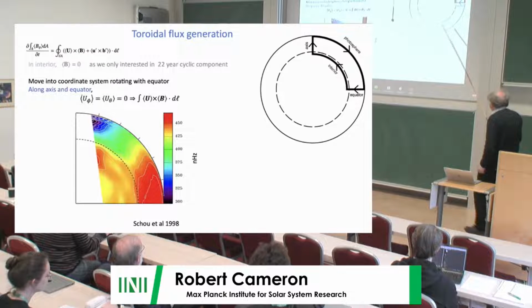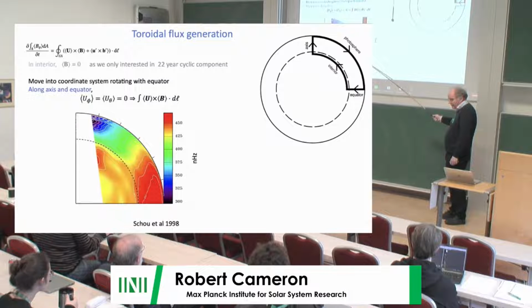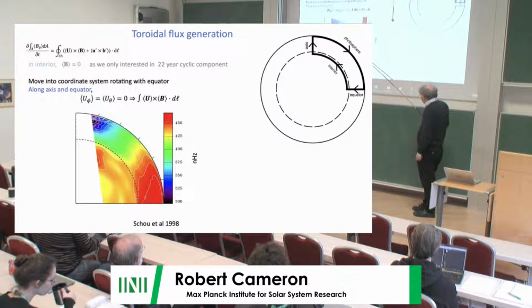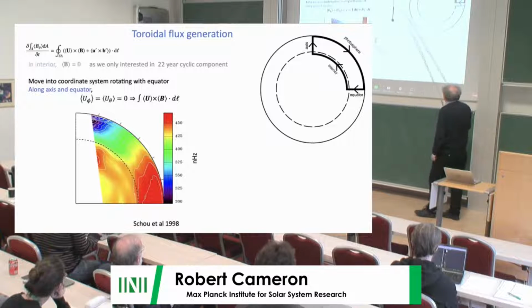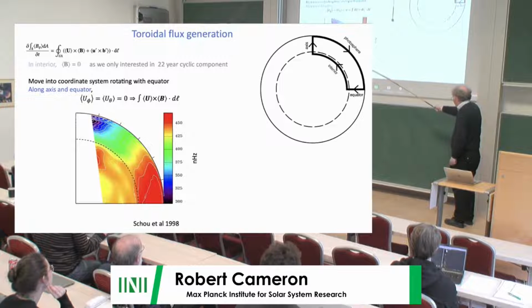You may have some skin depth; you place this beneath the skin depth, and you'll have no 22-year cycle at that depth. Because of helioseismology, I can move into a coordinate system rotating at the rate of the equator. If you look at the helioseismology, we've seen this before. I won't explain it again, except to say the color and the contours are of the rotation rate. Because the equator is rotating at an almost constant rate, I can move into a framework where the equator is not rotating.